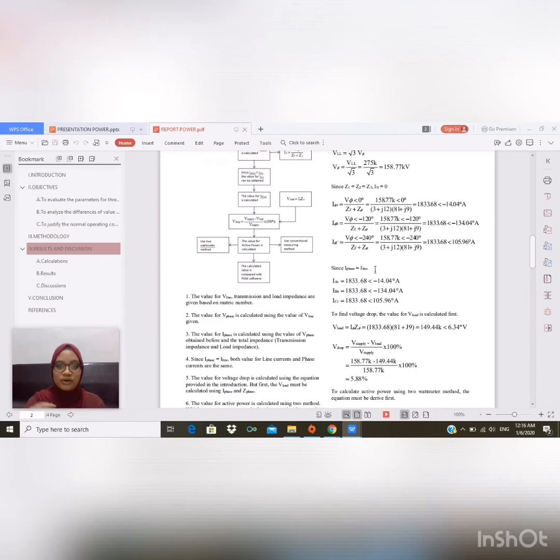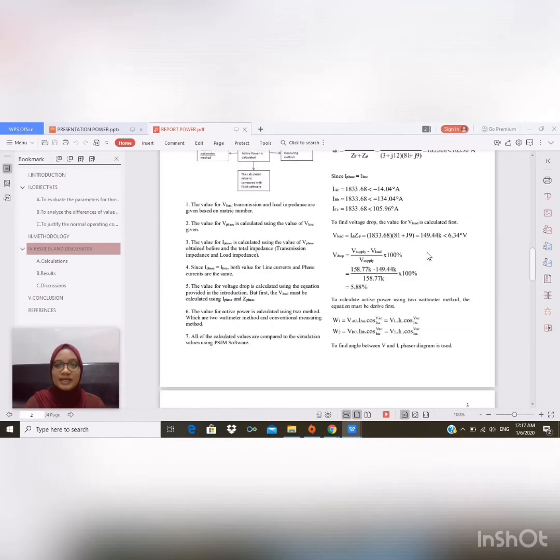For a Y-connected system, we know that I phase is equal to I line, so the I phase that we got earlier is equal to our I line. Next, to calculate voltage drop, we have to find V load first. V load is equal to I phase times Z load, and we will get this value, which is 149.44 kilovolts.